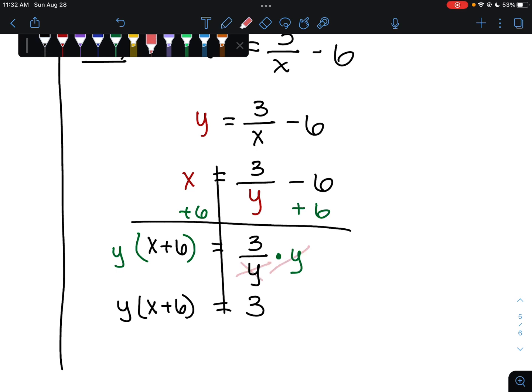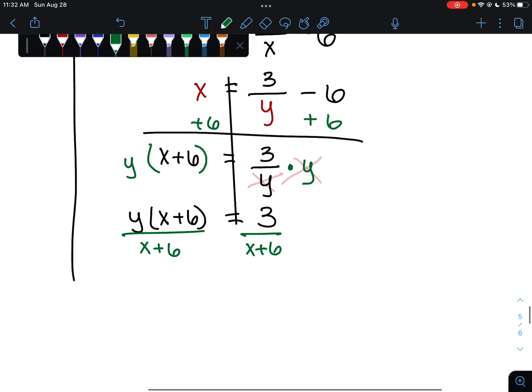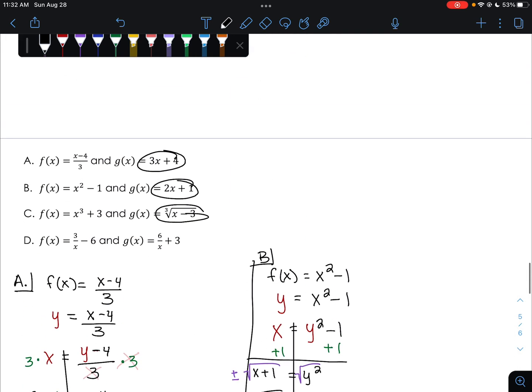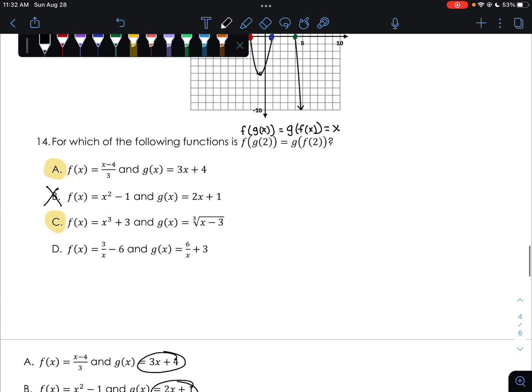Those cancel out. I want to get y by itself, so I'm going to divide by x plus 6. So I get y equals 3 over (x plus 6). If I look, that's not what this has, so that is not an answer.